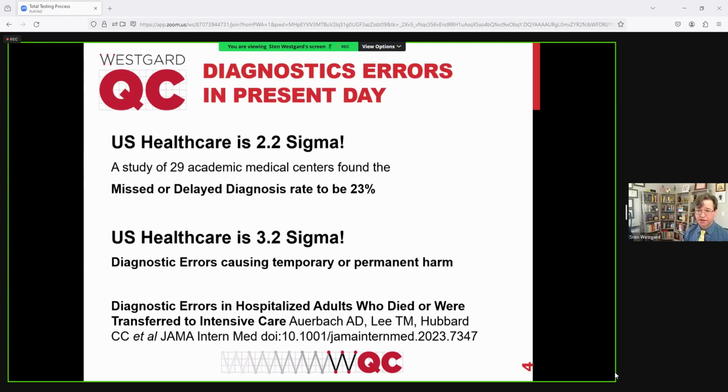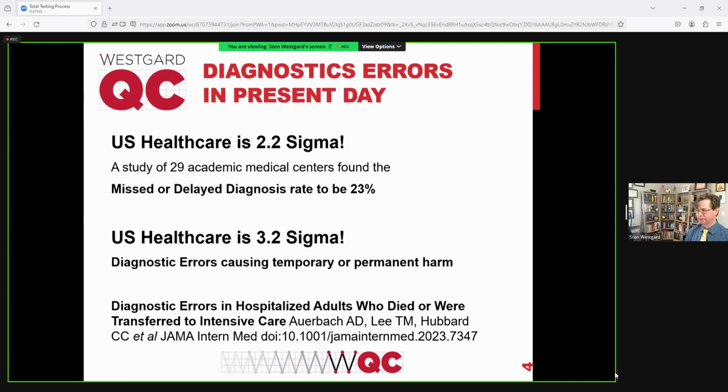Another recent study that's been talked about is looking at these error rates and figuring out what that means on the sigma scale. So we're going to talk a lot about Six Sigma as a way of benchmarking the acceptability and the success rate of different processes.